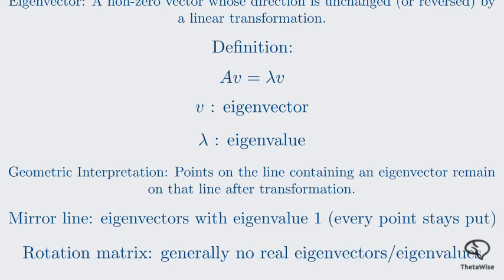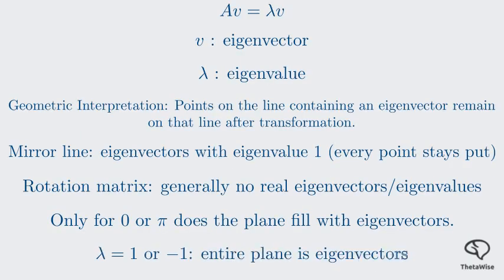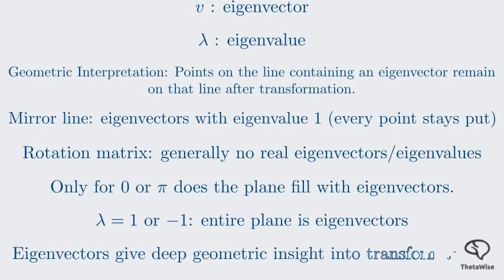Because a rotation changes the direction of every single vector, unless the rotation is a multiple of 180 degrees. If you have an eigenvalue of 1 or -1 for a rotation, it means the entire plane is filled with eigenvectors. This happens only for rotations of 0 or pi. This connection between eigenvectors and the geometric nature of transformations is a powerful analytical tool in higher mathematics.